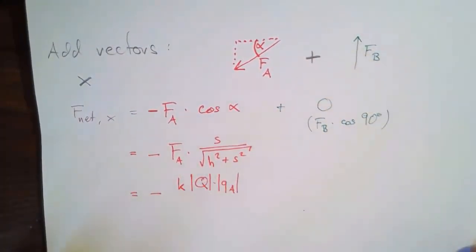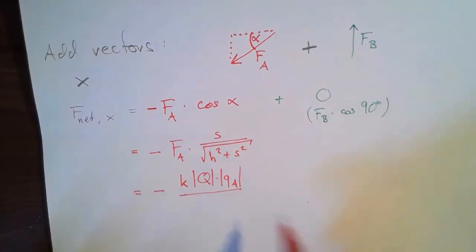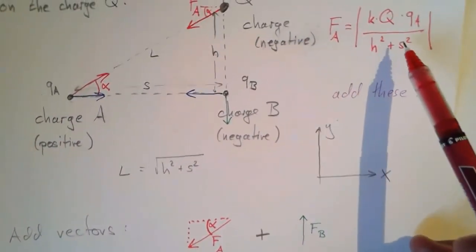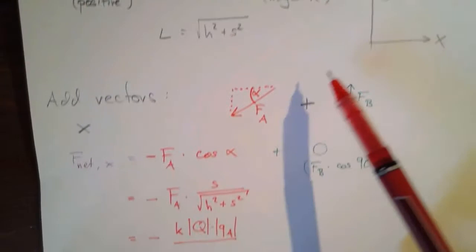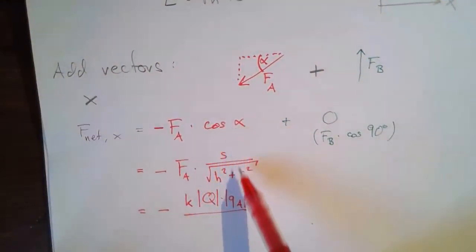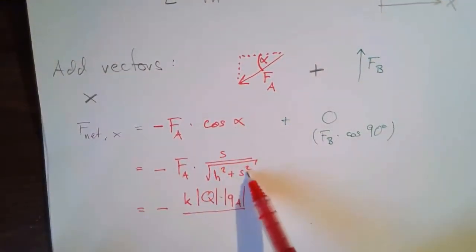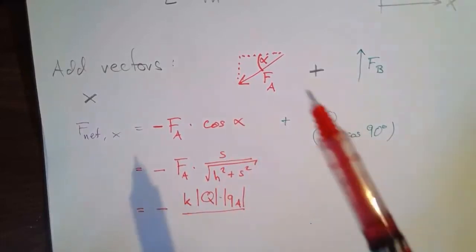Say I just care about the magnitudes. Divided by h squared plus s squared, but then the cosine is introducing another 1 over the square root of that, and an s on top.